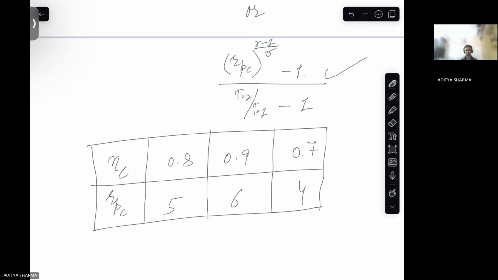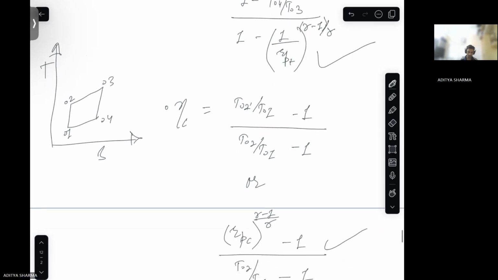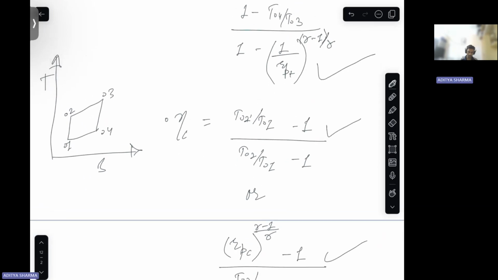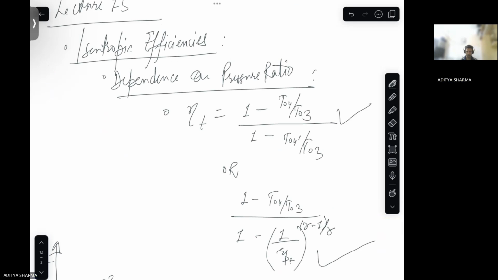In that case, what we do is we use polytropic efficiency. If you see these, here we are concerned with the first and the last states in the whole process.